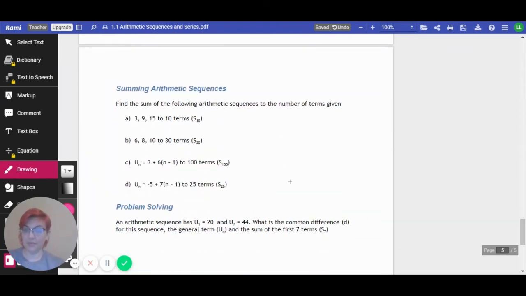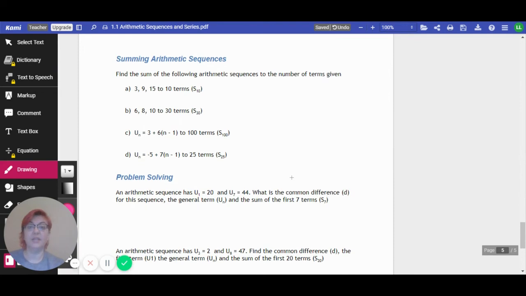Let's find the sum of these arithmetic sequences. 3, 9, 15 to 10 terms. All right. Well, I need to find the common difference. 6 and 6, good, so that I can find U10.